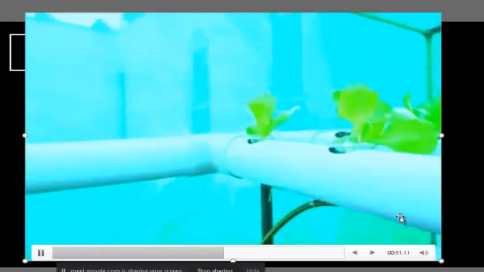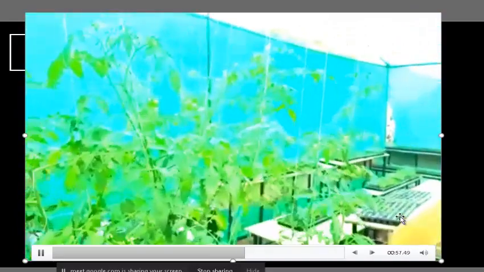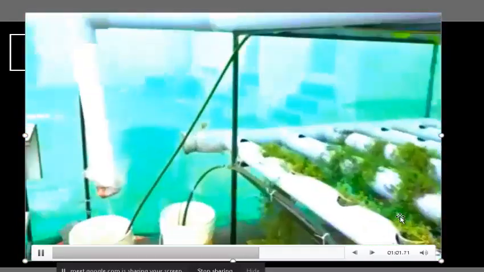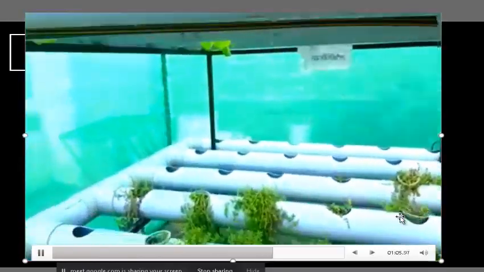This is the lettuce we are growing. We can grow brahmi, pak choi, high-ball lettuce, and various types of leafy vegetables, herbs, cherry tomato, strawberry, right? So with a little bit of modification, you can grow almost all kinds of crops.